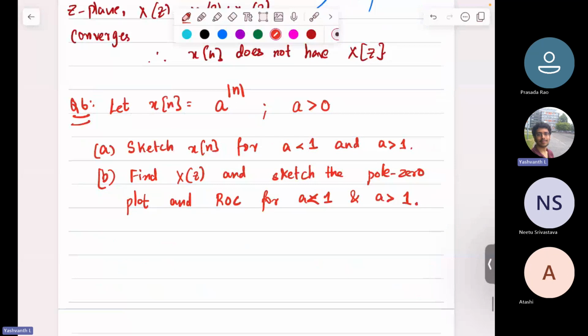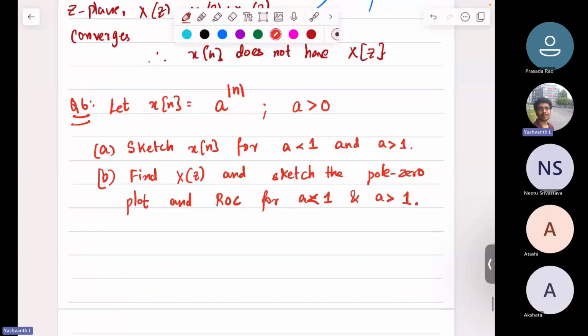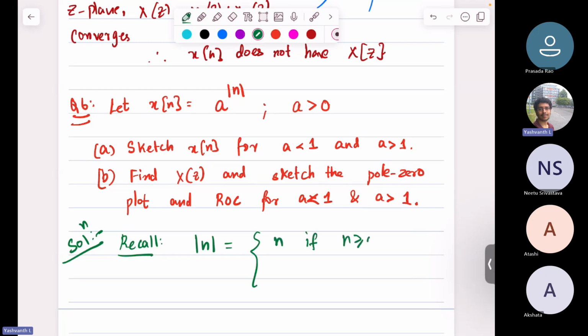So it's a power mod n. What does it mean to be a power mod n? Whenever n is positive, mod n will be equal to n. Whenever n is negative, mod n will become equal to minus n. Let's first start with that observation. Solution: recall, mod n will be equal to n if n is greater than or equal to 0, and minus n if n is less than 0.